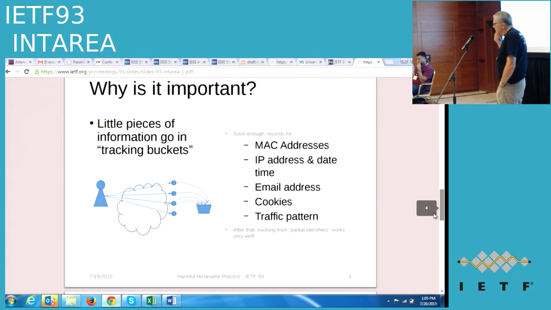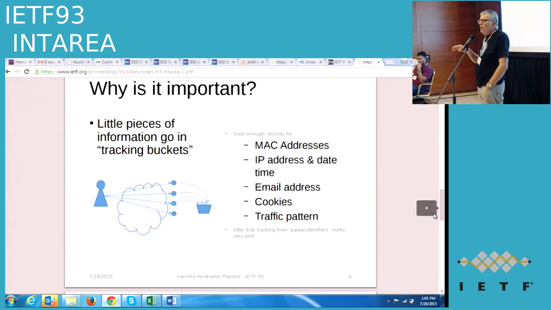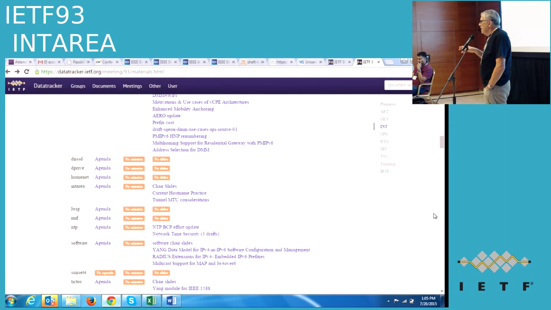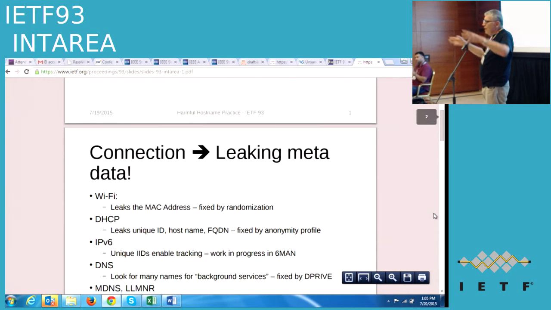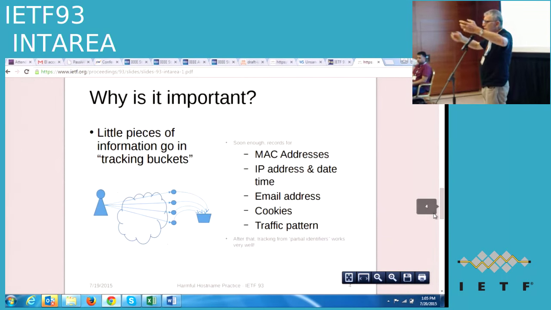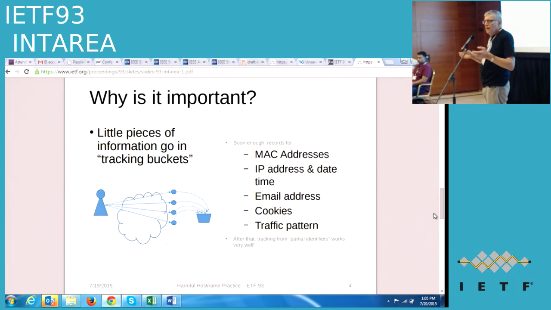So why is that important? Why is this little token of metadata important? Why is knowing that the name of your computer is Rosebud or Jupiter important? It's because tracking happens by looking at all the breadcrumbs that you leave over the internet and putting them in a big bucket and getting them to identify something.